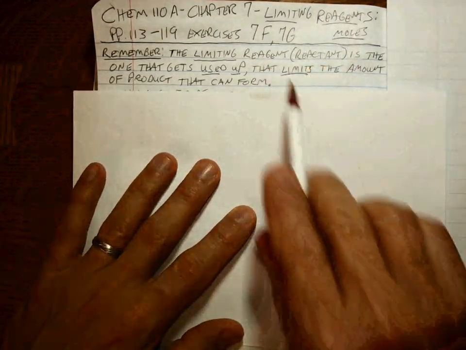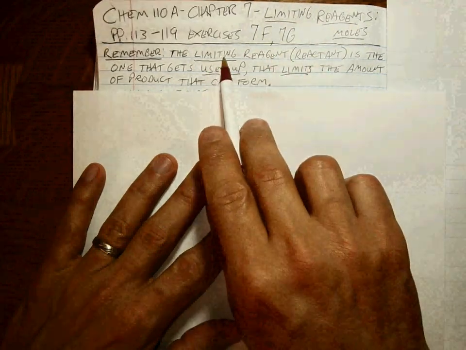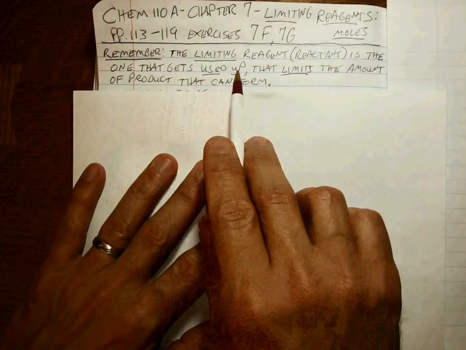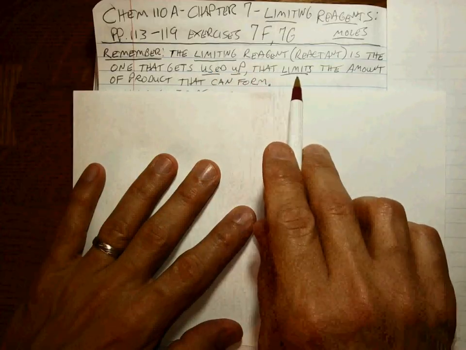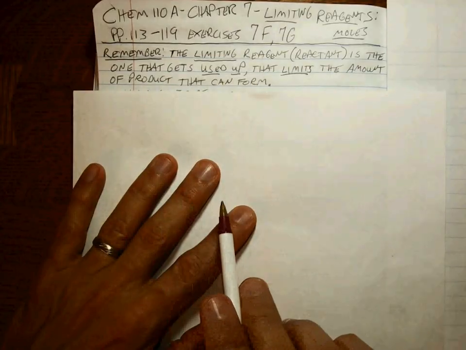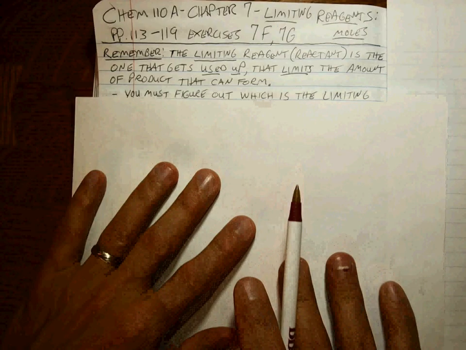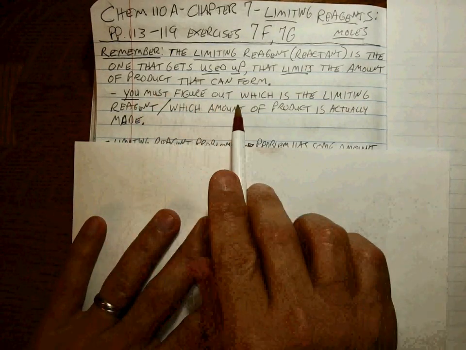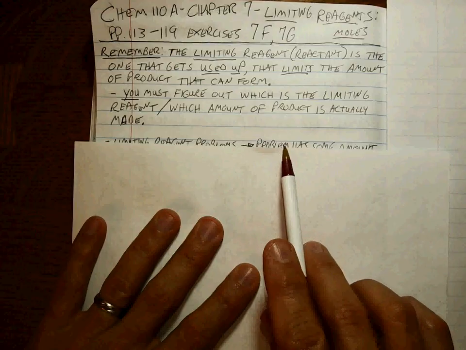Limiting reagent, well, what does that mean? Reagent is just a special word for reactant, and the limiting reagent, or the limiting reactant, is the one that gets all used up, the one that limits the amount of product that can form. And it is your job to figure out which is the limiting reagent.